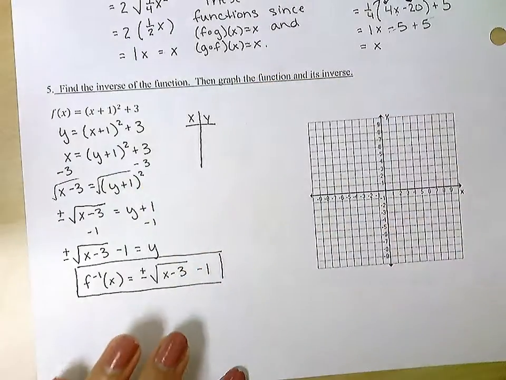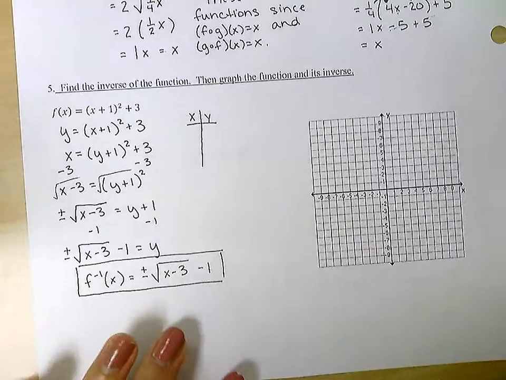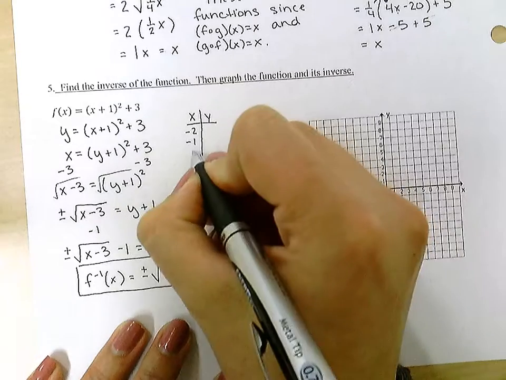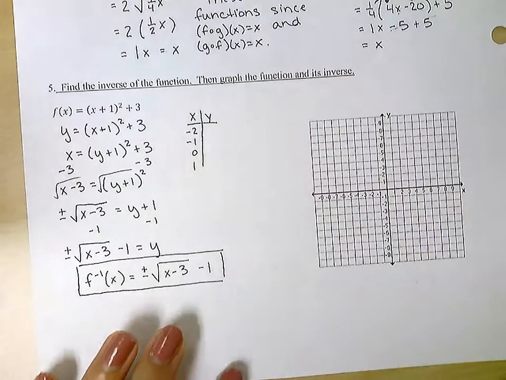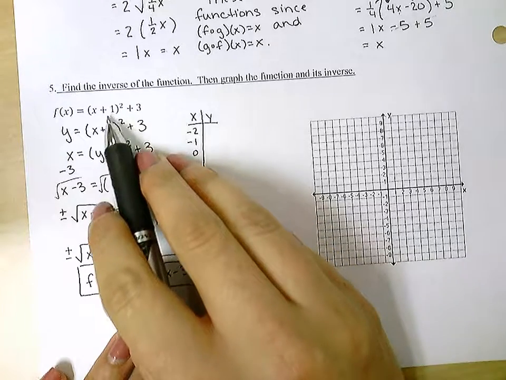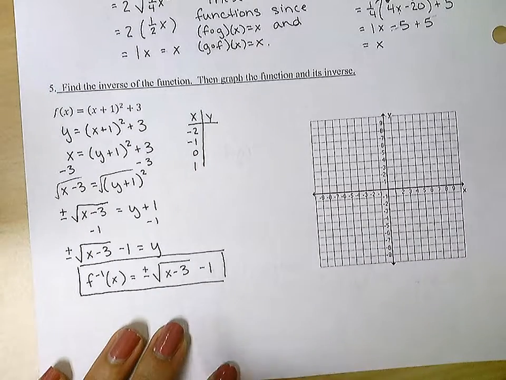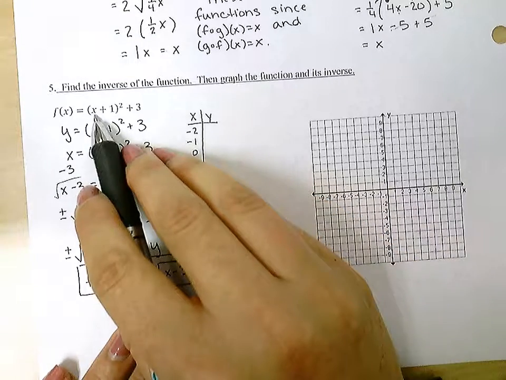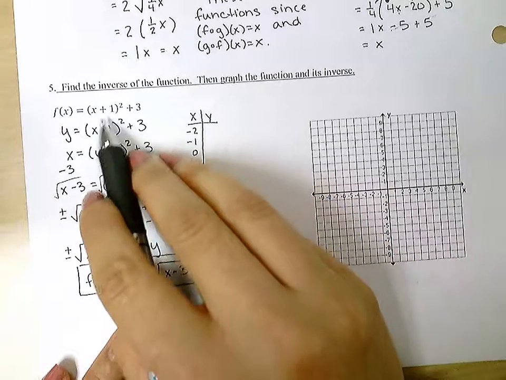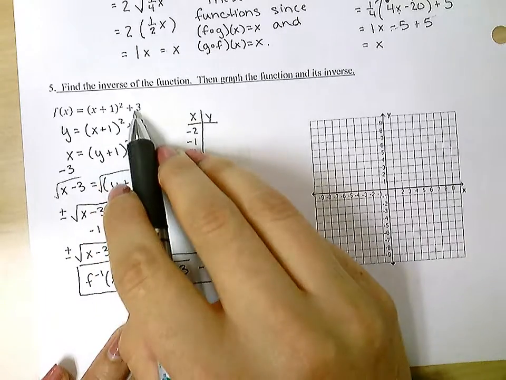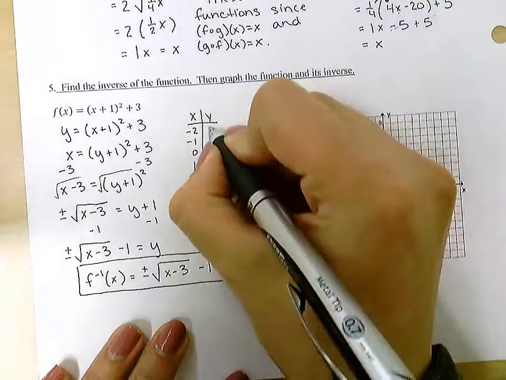we have our xy chart here. I'm going to plug in the points -2, -1, 0, and 1. Okay, and again, I'm plugging these into my original because I want to graph my original and my inverse. So once I plug in -2 here, I have -2 plus 1 is -1. -1 squared is +1, plus 3 is 4.